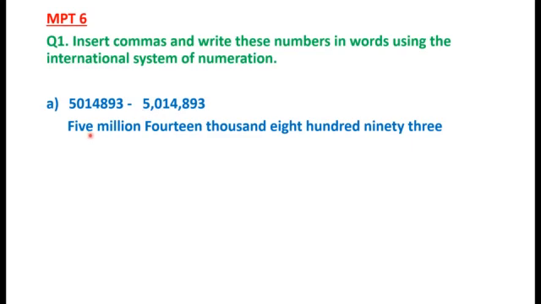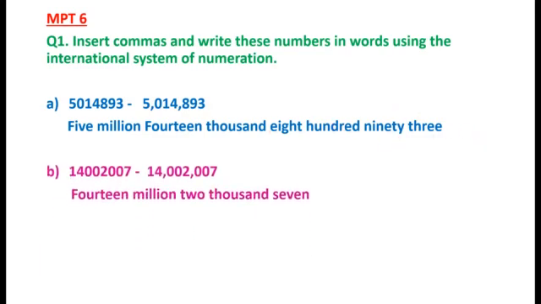Now how do we write this number in words? The number is 5,014,893, as you can see here. Next question, again: 14002007. Children, again we have to put commas and use the same rule: whenever the period changes we place a comma.